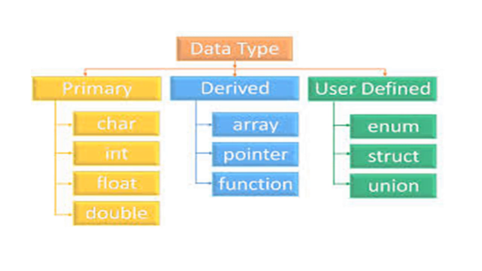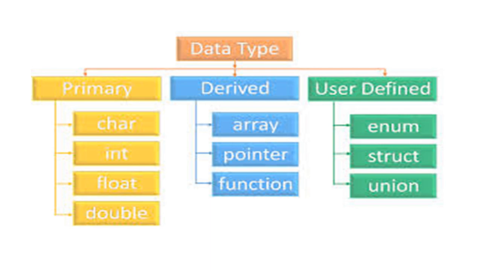Once again, the data types are primary, derived, and user defined. A data type determines the type of data that can be stored in a variable.